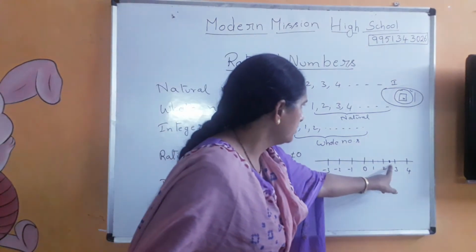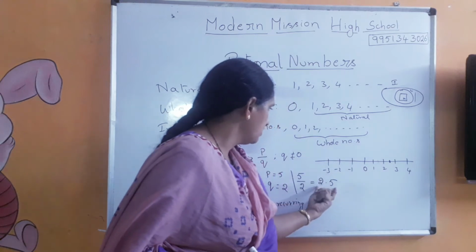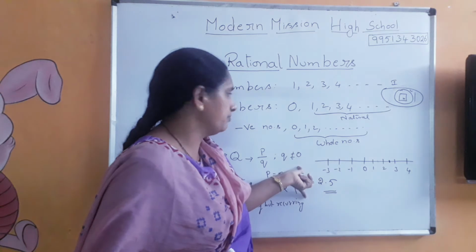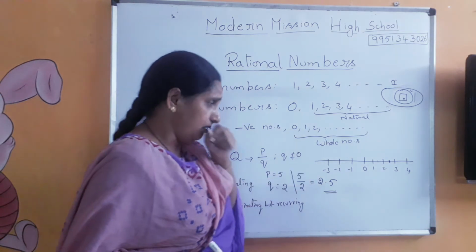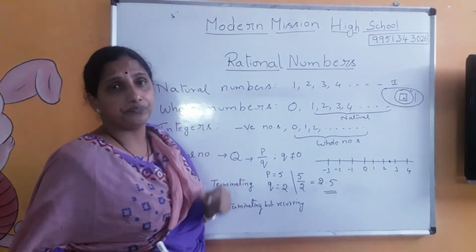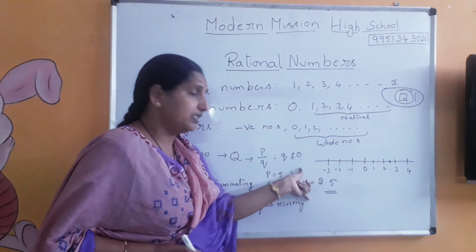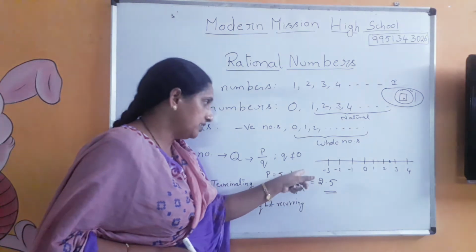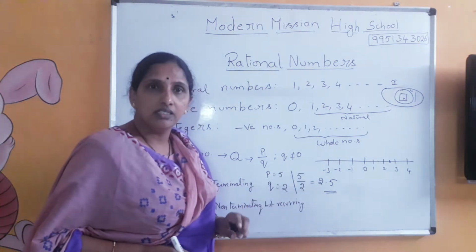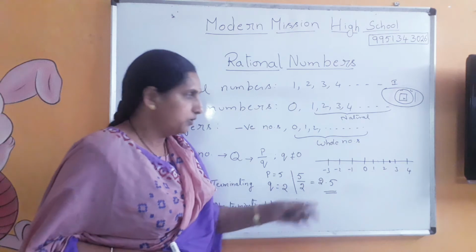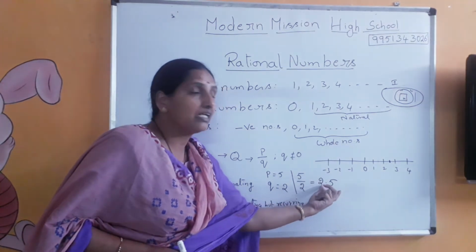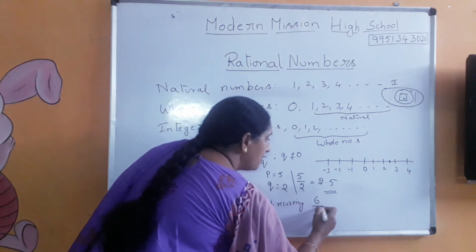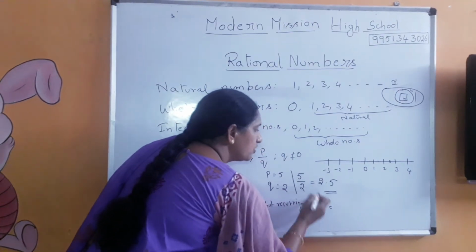See, this number 2.5 is equal to 5 by 2. You can't say that 5 by 2 is an integer. 5 is an integer, 2 is an integer. What is 5 by 2? 2.5. You are not getting another integer here. Suppose I take 6 by 3. 3 2s are 6.